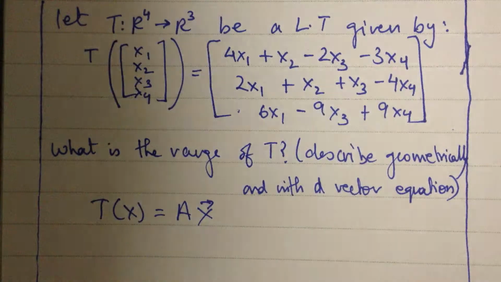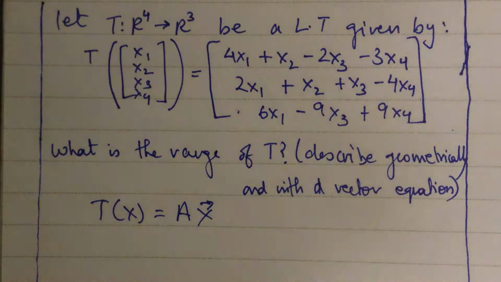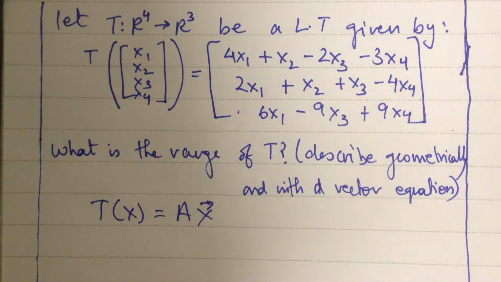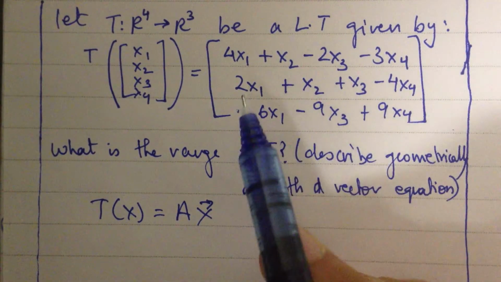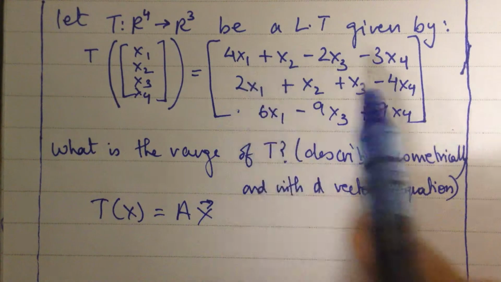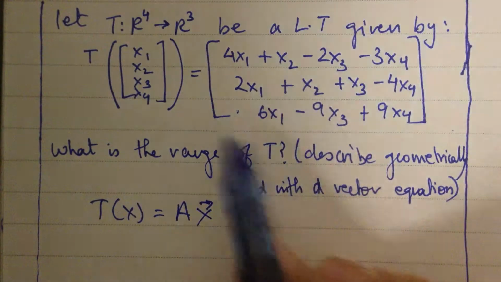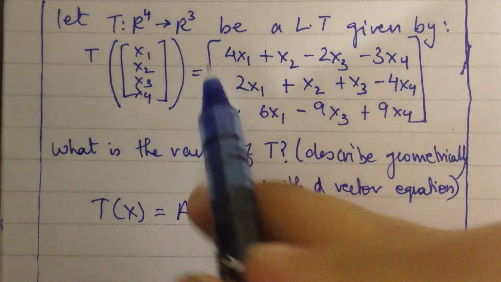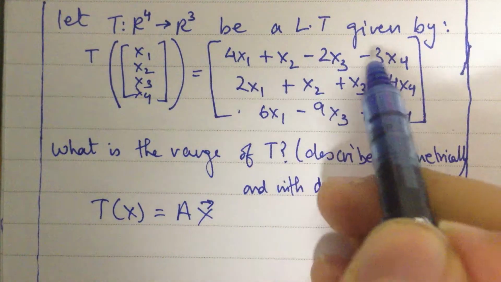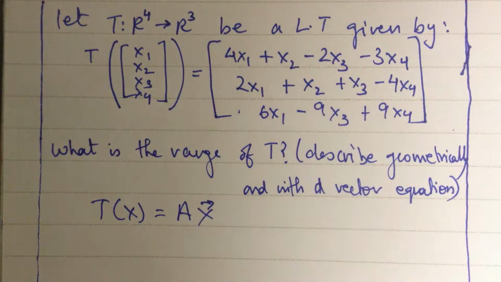And this is a vector in R3, hence a linear transformation from R4 to R3. So now whenever we have an m by n matrix A, which is just the coefficients of this equation right here, since A multiplied by x gives this, hence 4, 1, minus 2, minus 3 will be the first line of the matrix A.